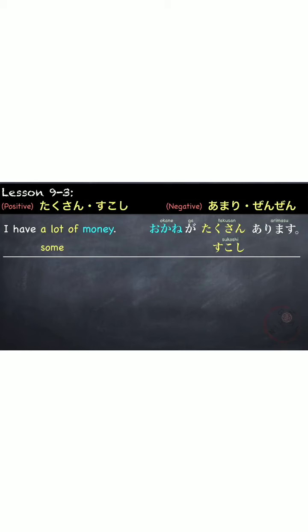Here are some examples. I have a lot of money. Money is お金。お金がたくさんあります。Or to say, I have some money or I have little money. お金が少しあります。Now, to use it with the negative form of arimasu.